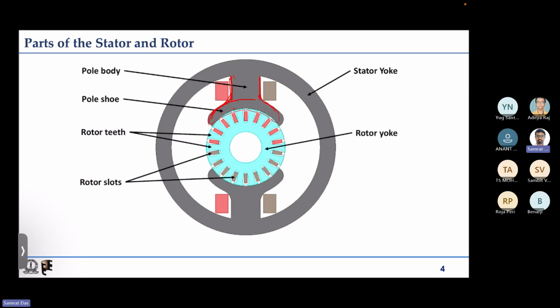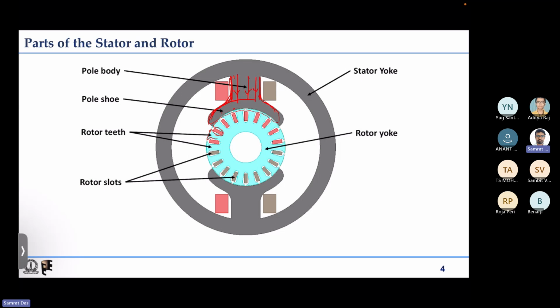Then on the rotor you have different teeth, that is the blue one. These are the teeth, and in between two teeth you have slot, where the armature conductors are placed. Now the flux lines will be something like this.